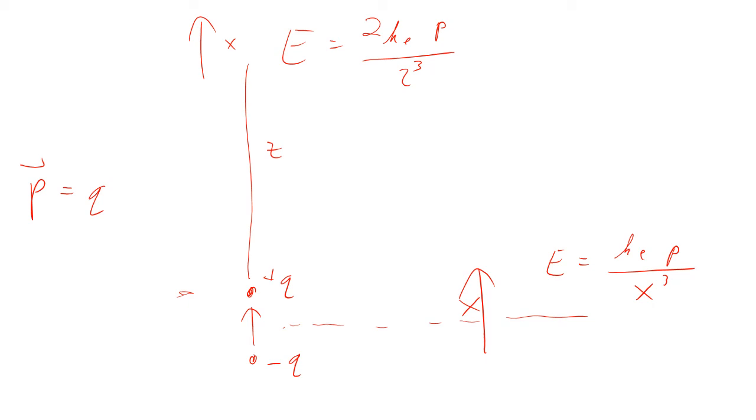It's equal to q times the separation between the charges, and the direction of the vector is going to be the direction from the negative to the positive. So this is the vector nature of it. This kind of relationship is always going to be the case with dipole fields.